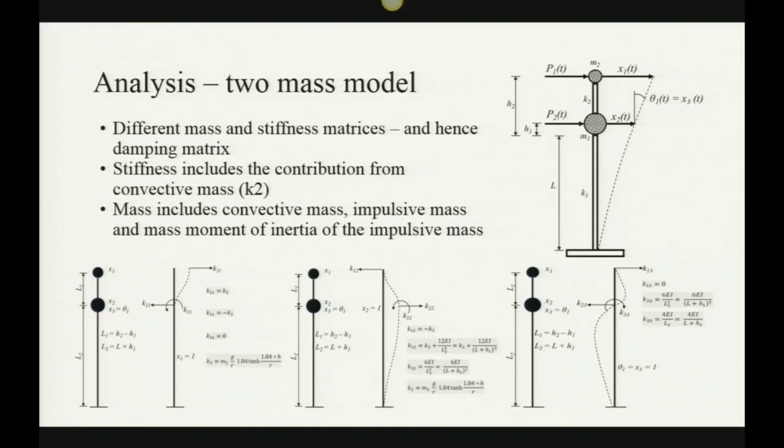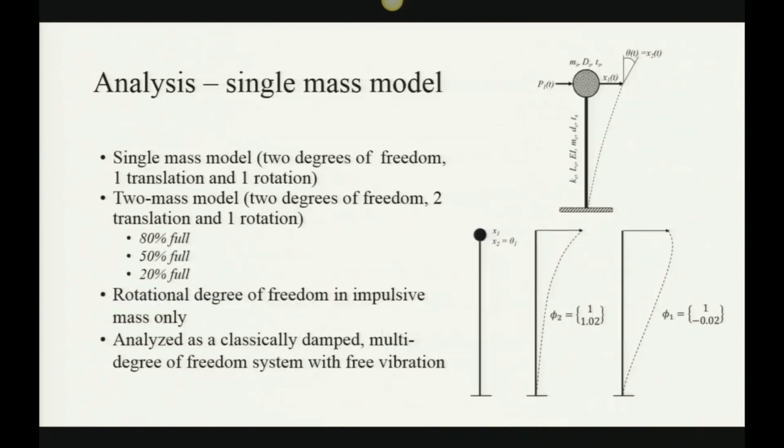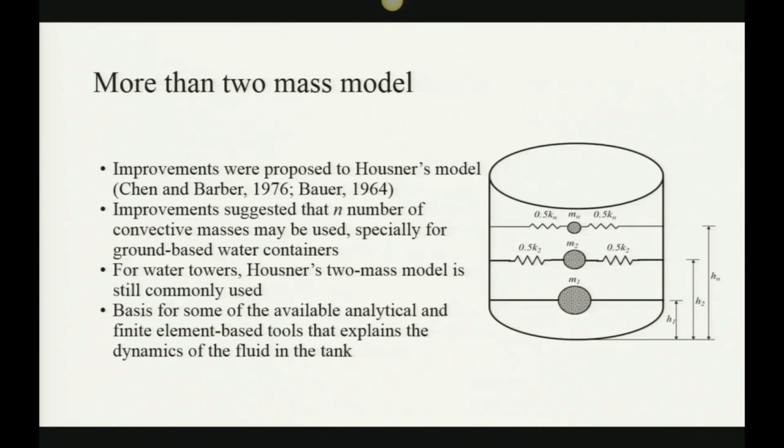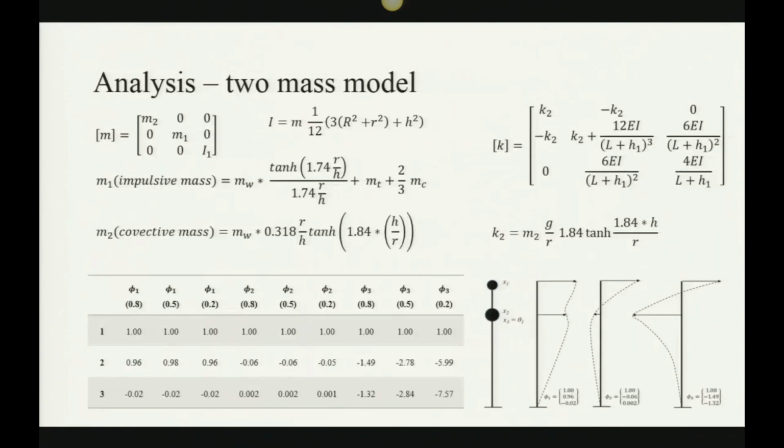If you notice from the earlier slides, the K2 is basically like a Kn, the idealized spring that we have here. We wanted to convert that idealized stiffness to the stiffness of the whole structure, and if you see the whole stiffness matrix, it only shows in the part that is related to the convective mass, which is given by this equation by Housner in 1963.